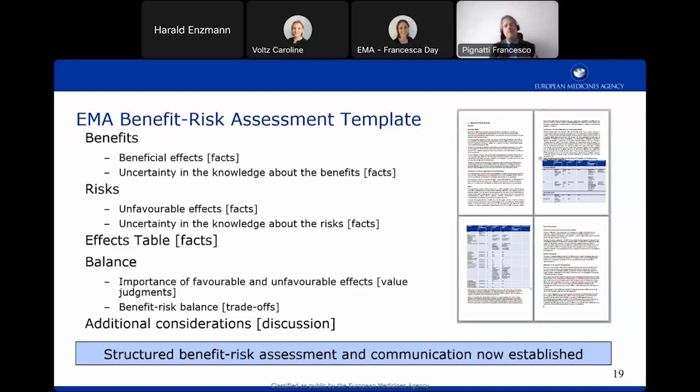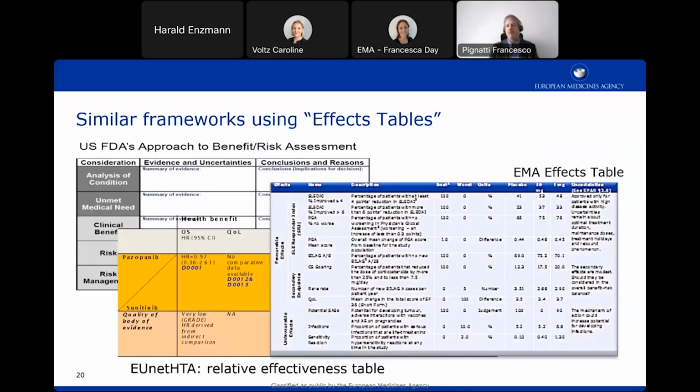And then once the facts are described in words, in uncertainties, in a table, we ask to describe the balance. And this is a difficult part, because this is where one is asked to express value judgments and how these fit, for example, with previous decisions and other considerations with the label, etc.